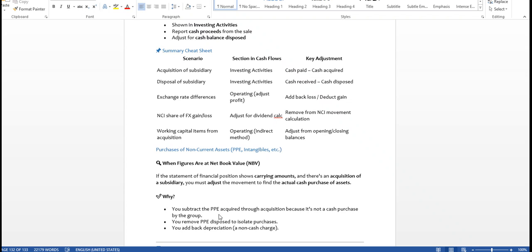You subtract the PPE acquired through acquisition, because that one too is like the opening balance, so that we can know how much of our assets changed during the year. Are we together, please? Yes, sir. So that is what we have under that.